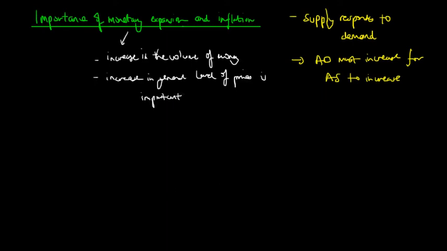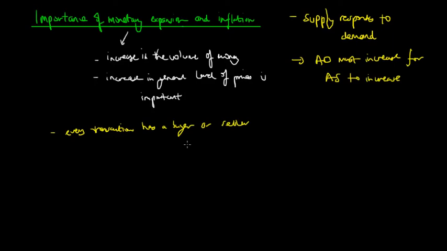So to look at this concept, we're going to assume that we know that every transaction in the marketplace has a buyer and seller. So if someone wants to buy a car, then there's someone who's going to be willing to sell that car.